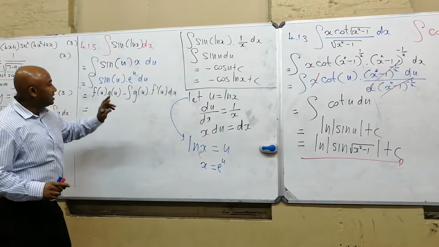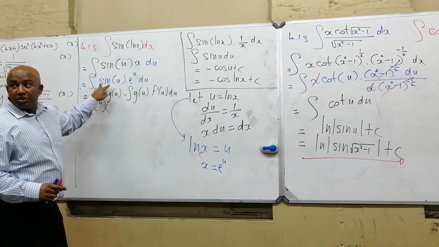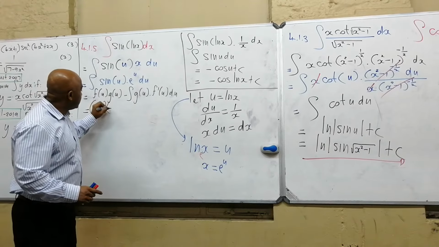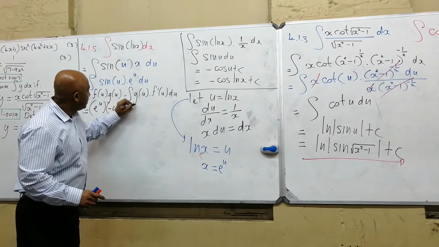For my priority list, my f of u is going to be e to the power u. So this is g prime u, so g of u will be minus cos u. And f prime u is just going to be e to the power u du.